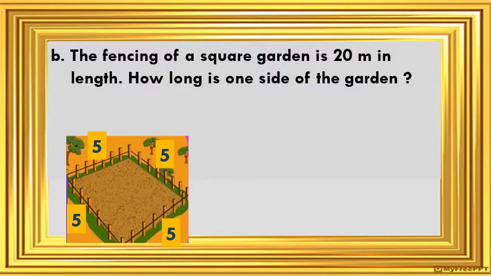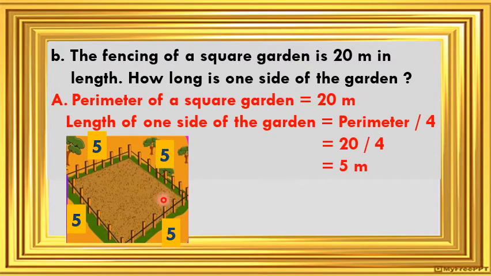B. The fencing of a square garden is 20 meters in length. How long is one side of the garden? Answer. Fencing of a square garden means fencing is always done on the border of the square garden. That is, the perimeter of the square garden is given as 20 meters.